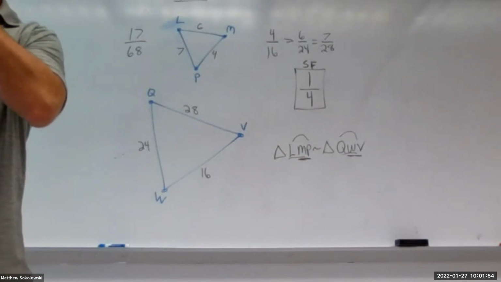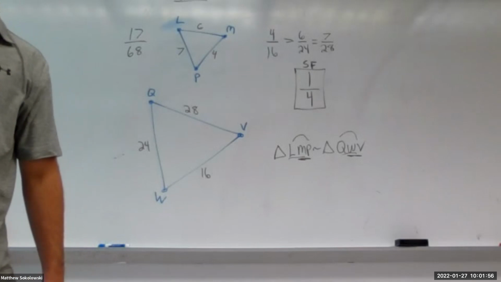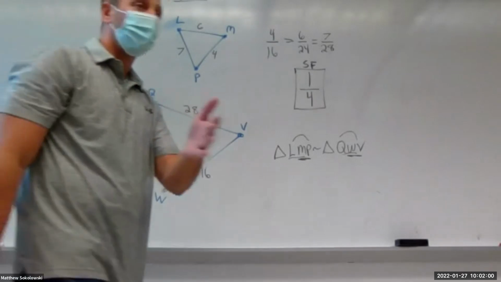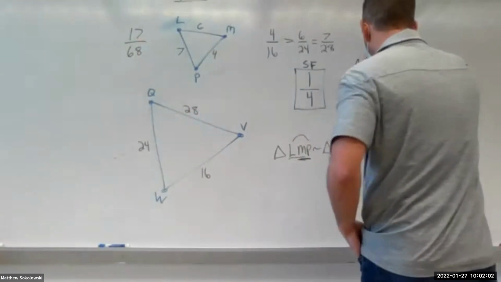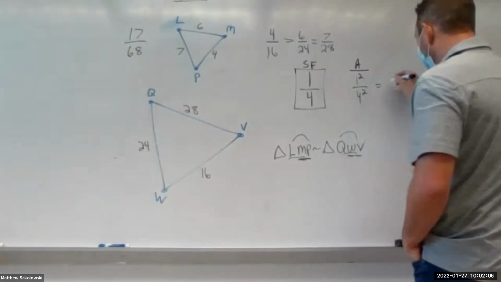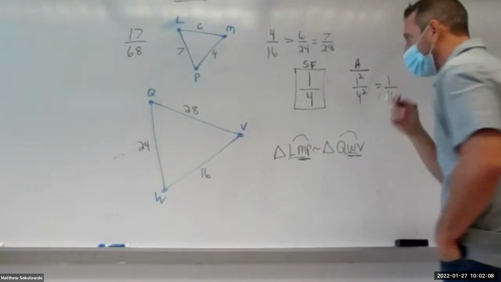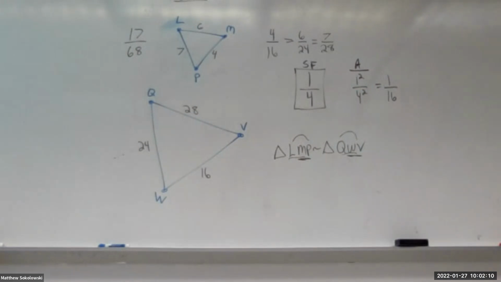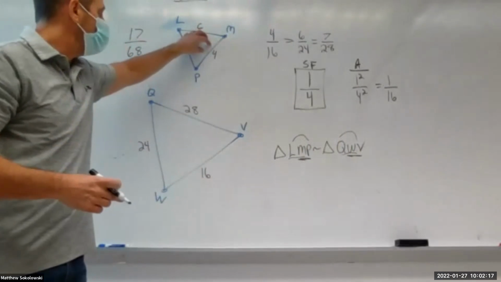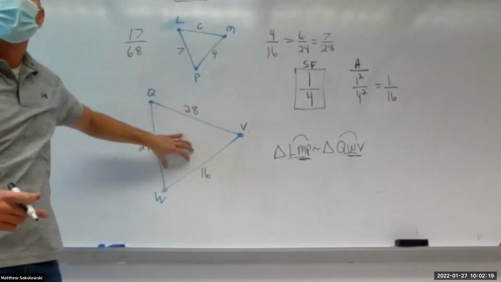What's the ratio of the areas? 1 squared over 4 squared, you would square that. 1 squared over 4 squared is 1:16. The ratio of the areas is 1:16. So if the area of this triangle was 10, what would the area of this triangle be?